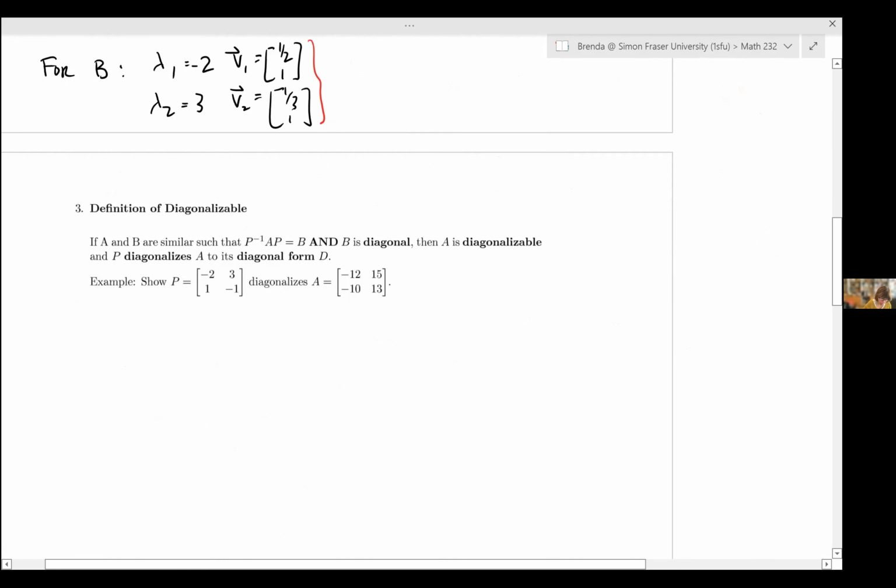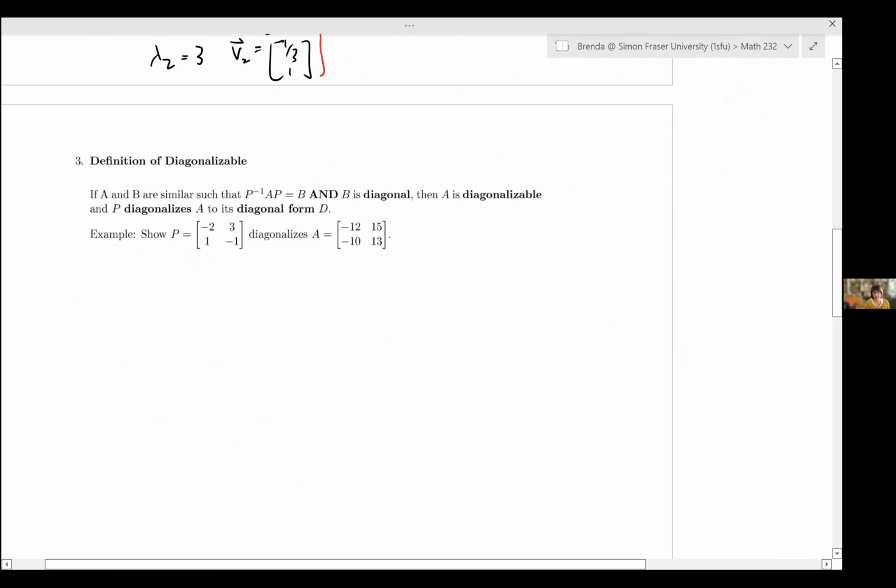Okay, so now we're going to move from that basically to say if that second matrix on the right-hand side by itself is diagonal, then A is diagonalizable and P diagonalizes A to its diagonal form D. So we're going to do an example here.